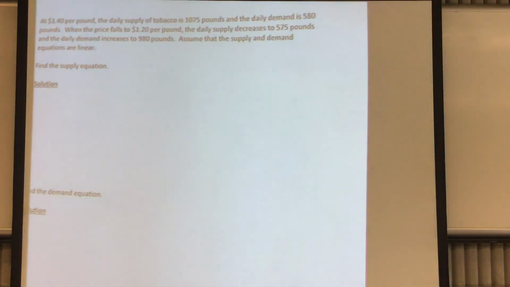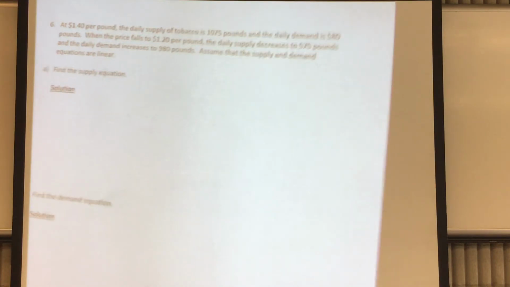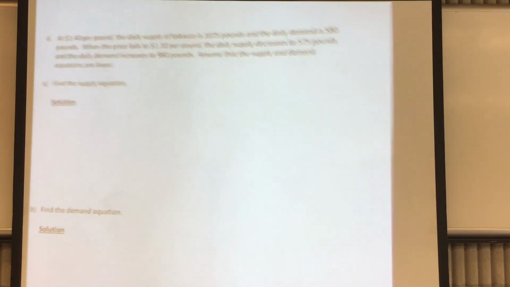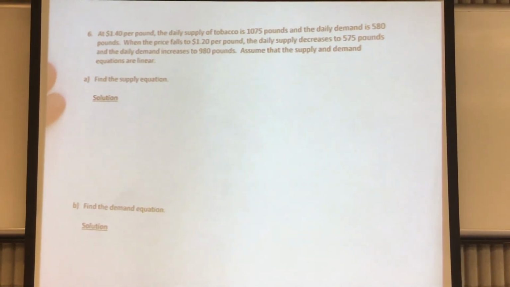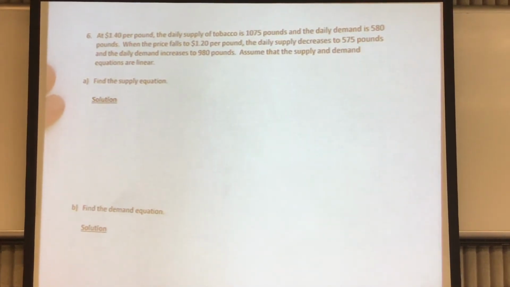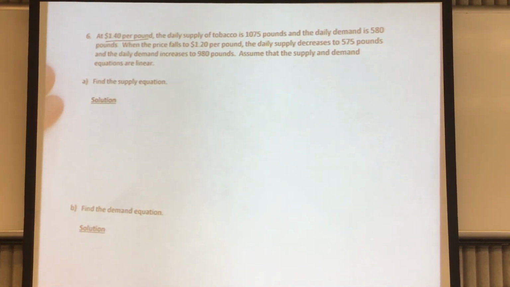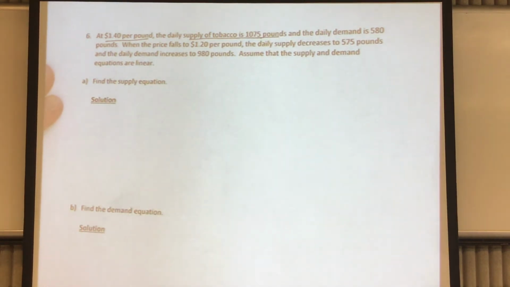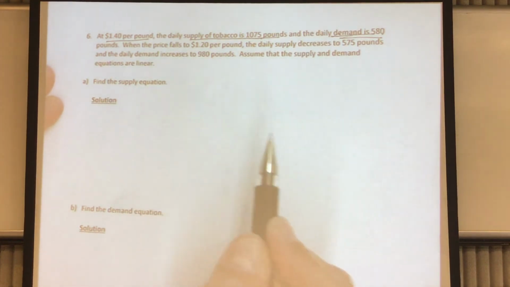Moving on to number 6. We have another supply and demand problem. So here, at $1.40 per pound, we have the supply of tobacco to be 1,075 pounds and the demand to be 580 pounds.